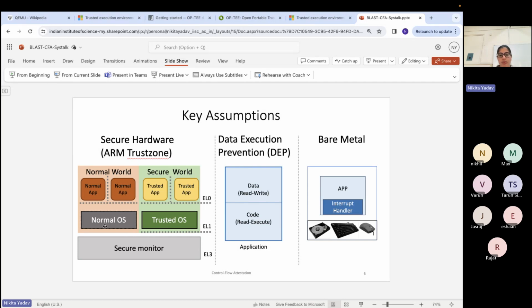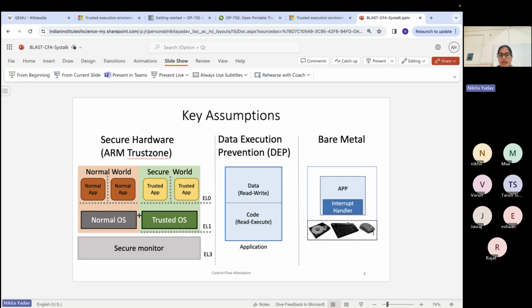Your OS in both the worlds is going to run in EL1, execution level 1, and then your applications are running in EL0. So we have differentiated between these different layers with the execution levels. EL0 is where your applications will be running in both the normal world and the secure world.